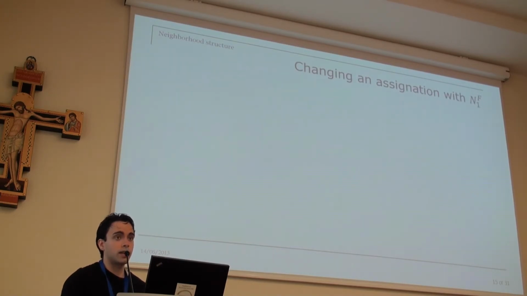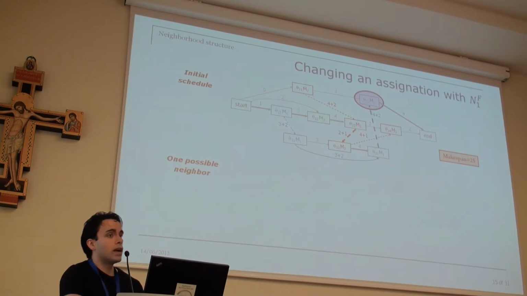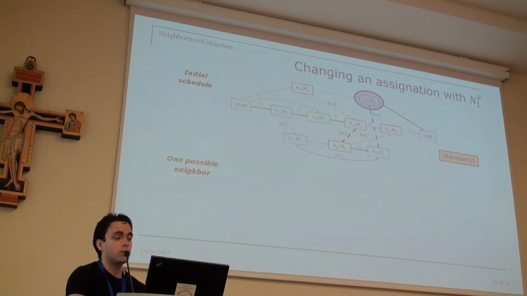Okay, as for the other structure that tackles the assignation subproblem, the structure is based on changing the machine assignation of one of the tasks in the critical path. In this example, again we have the critical path in bold, and one of the possible neighbors is to take this task, which is actually in machine 1, and change it to machine 3.